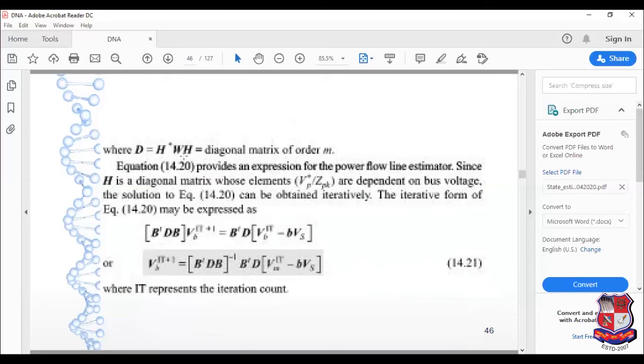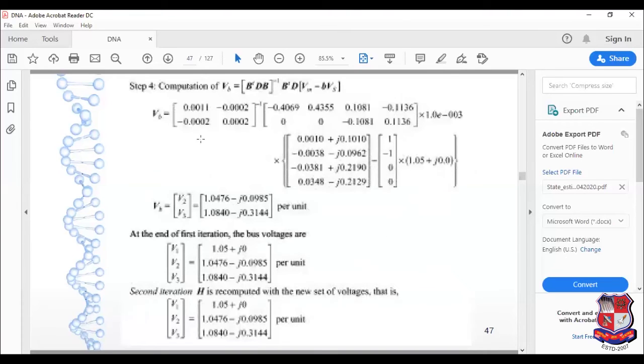After determining D, I can easily determine the value of VB, that is the bus voltage after the first iteration, and the equation is known to us. Now the value of each element is also known to us. So if we substitute this, then VB should be equal to B transpose D into B inverse, represented by this matrix.